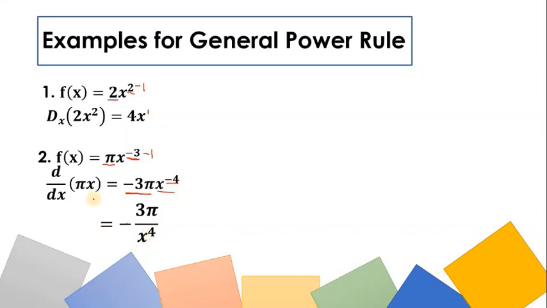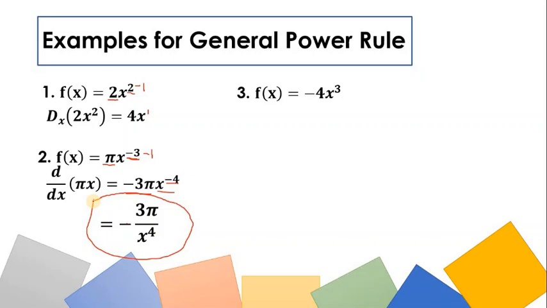Again, if you encounter a negative exponent in an answer, you have to get its reciprocal by putting it in the denominator. So do not end with an answer with a negative exponent. Okay, good. So let's proceed to more on how the general power rule works.